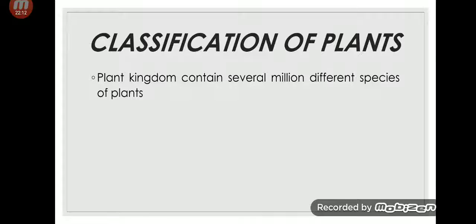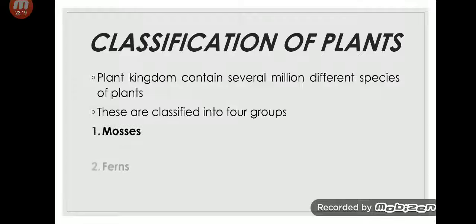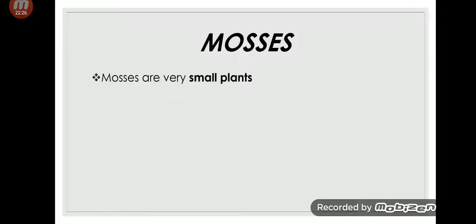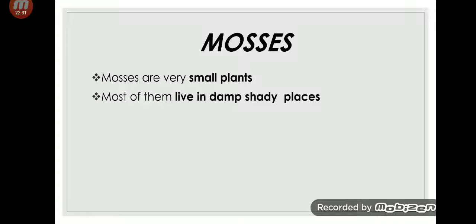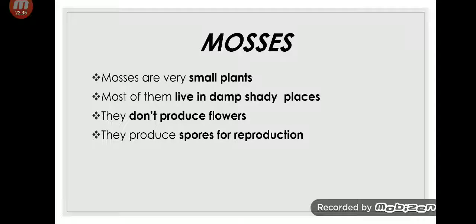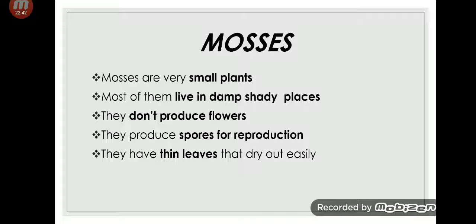So there are millions of plants on this planet, and all the plants are classified into four groups: mosses, ferns, conifers, flowering plants. Mosses are very small plants, and these live in damp, shady places. They don't produce flowers, they produce spores for reproduction, and they have very thin leaves that dry out easily.